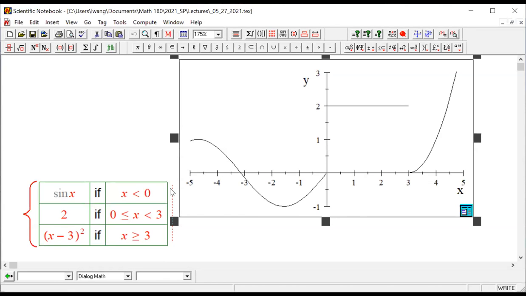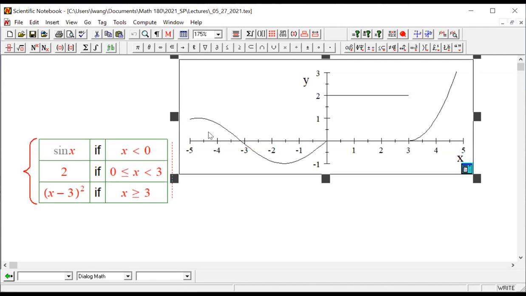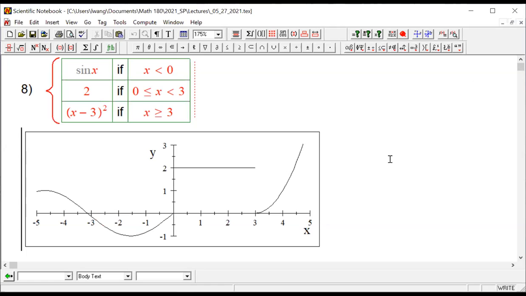So now we need to put the circles and dots in place. You follow me? We know that these pieces go on to eternity, right? But we need to put the circles and dots in place. Let this be an example.